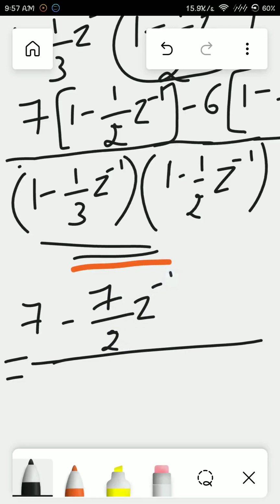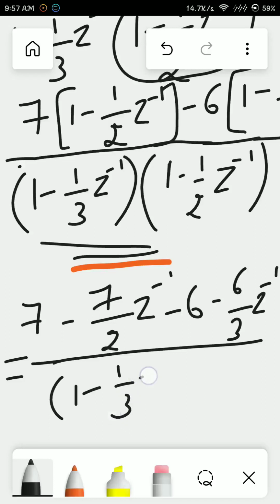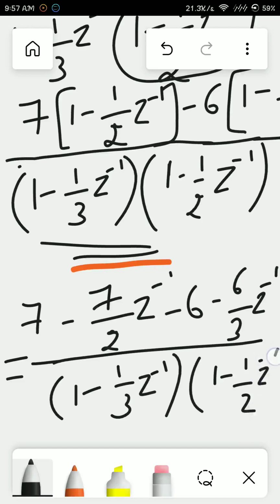Then minus 6 into 1 minus 1 by 3 z inverse. I'm really sorry guys, it is 1 by 3, so it is 6 minus 6 by 3 z inverse. That is divided by 1 minus 1 by 3 z inverse into 1 minus 1 by 2 z inverse, right? Did you get it? I guess you got it.